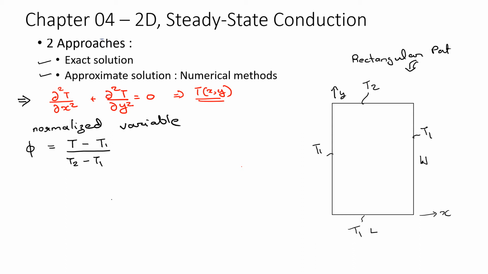That's because after normalizing, our new variable phi will have a range between 0 and 1. Sometimes it is easier to plot or understand a normalized variable or solve an exact solution using a normalized variable. Your boundary conditions simplify, and you will see that as we move forward.